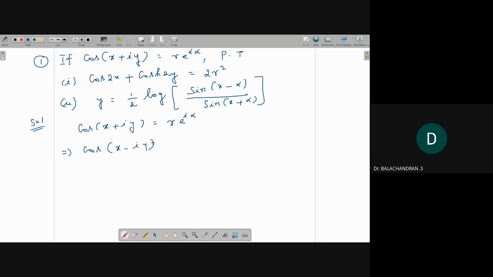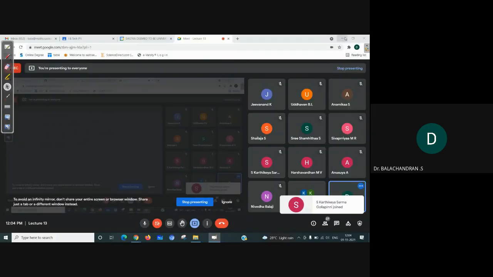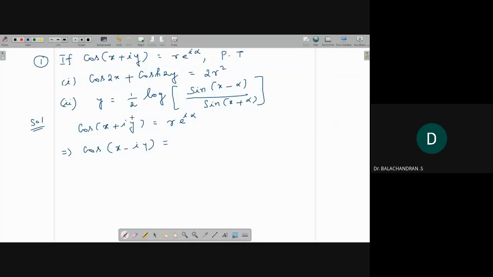What is cos of x minus iy? Cos theta minus i sin theta, so cos alpha minus i sin alpha. Cos of x plus iy equal to r into e power i alpha, so you can write cos of x minus iy is r into e power minus i alpha. Okay, so directly you can replace i by minus i. So now multiply these two.